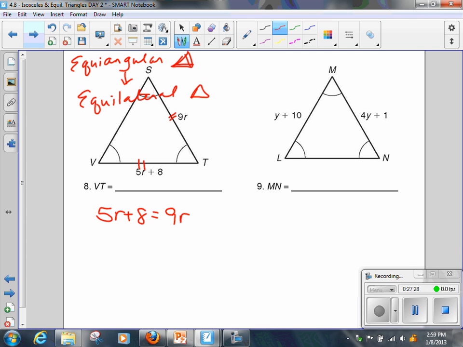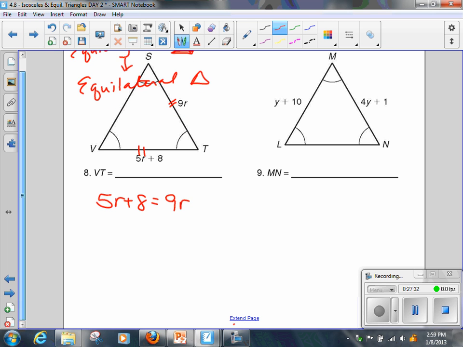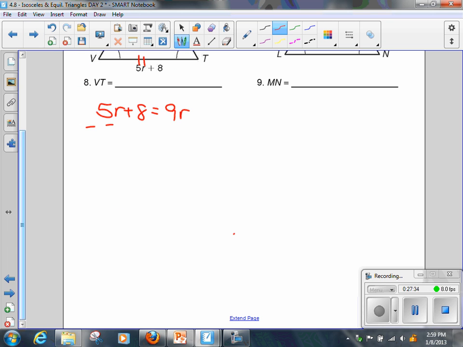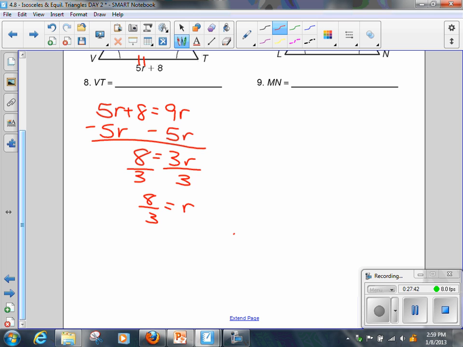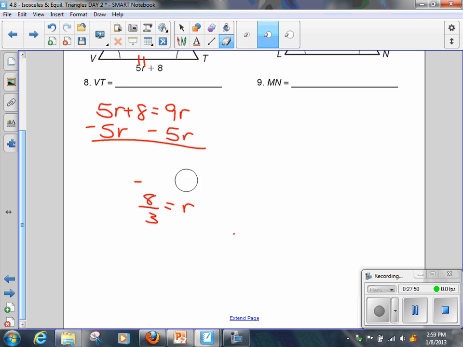Geometry's over. What is it all about now? Algebra. You better know how to solve these equations. If you don't, it's going to bite you. 8 is equal to 4r.